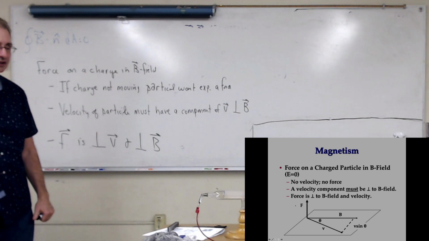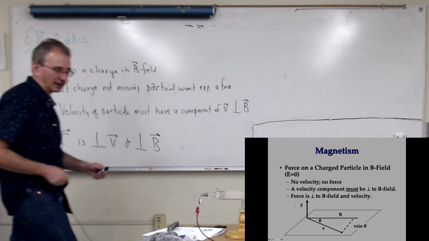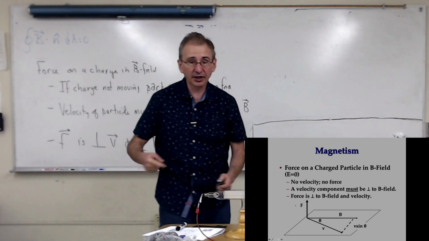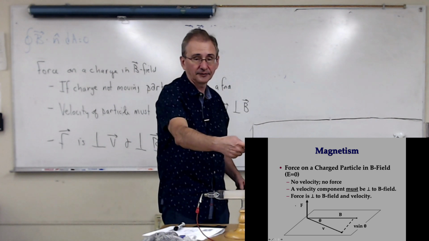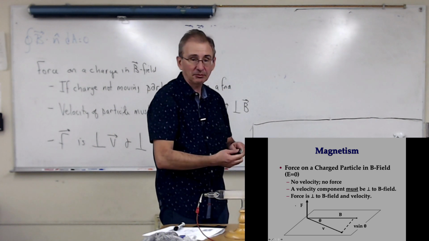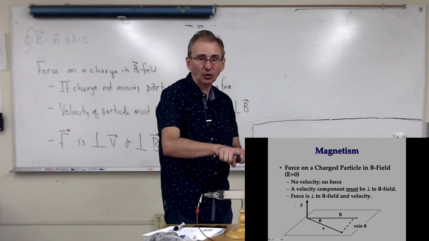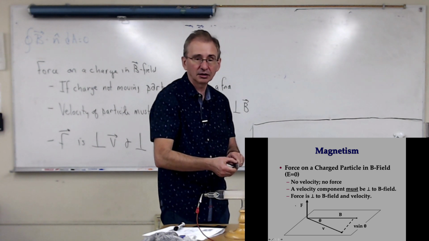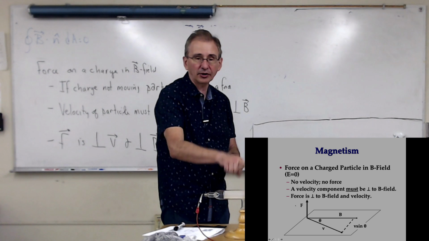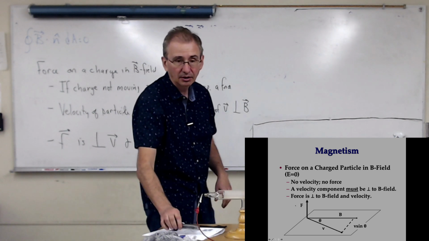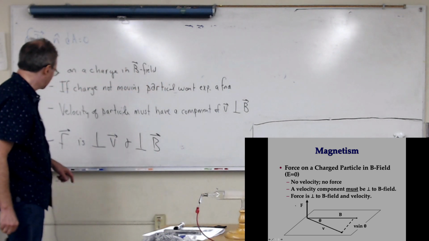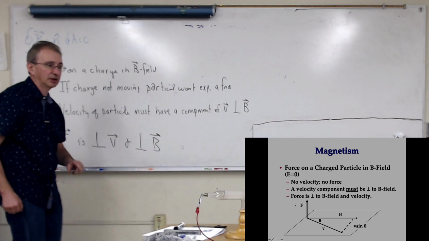I don't know if you noticed that the beam was going this way. My magnetic field was either pointed towards you or towards me, and the beam either moved up or down. That's because the force is perpendicular to both v and B. That's always true.